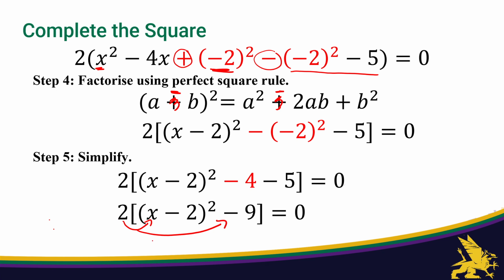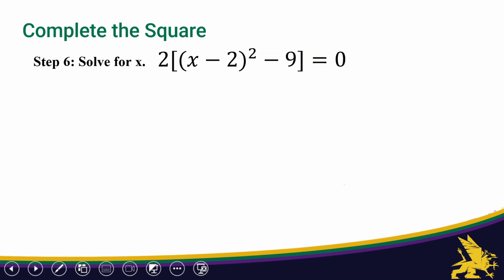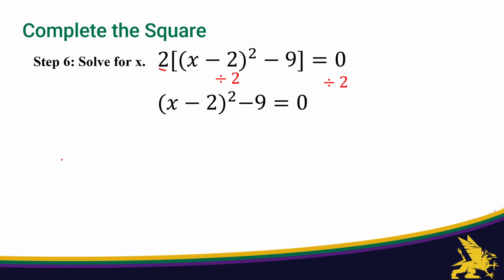So it'll be 2 times that first bracket, and then 2 times negative 9 equals negative 18 equals 0. But because we're solving, I'm not going to deal with bigger numbers when I don't need to. If I divide everything by the number on the outside, it cancels out, and 0 divided by 2 is 0. The next step is getting the 9 onto the other side.